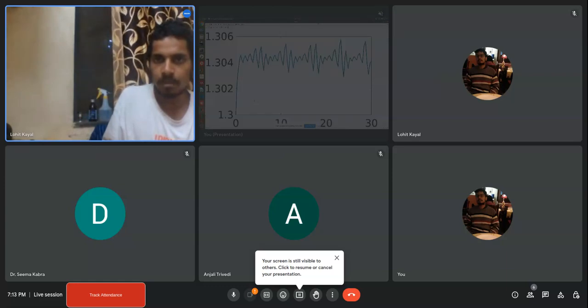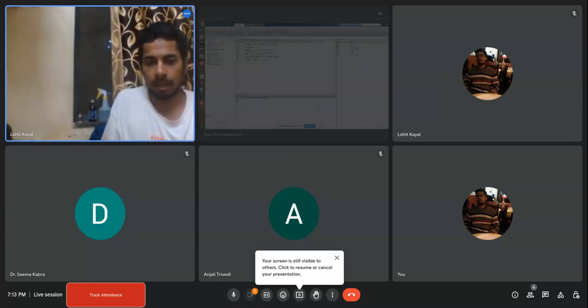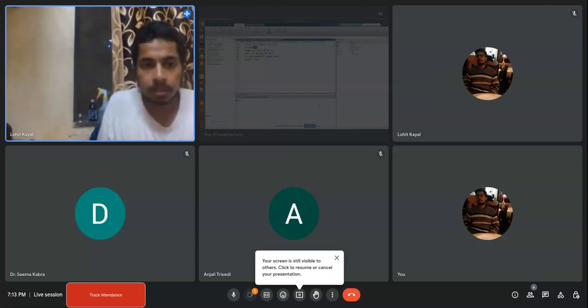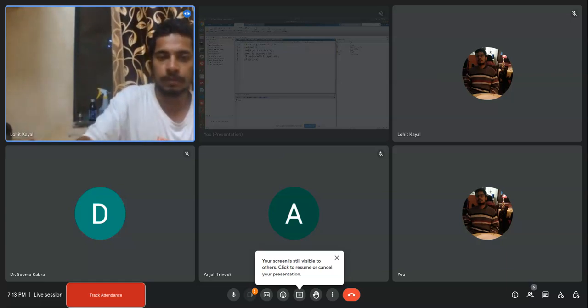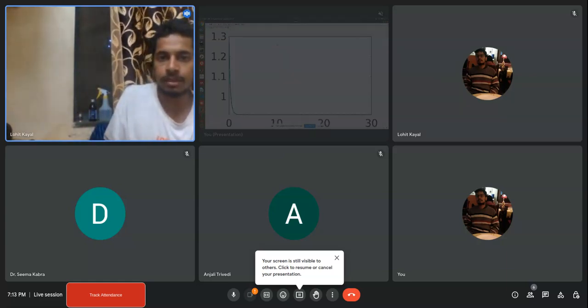Okay. Now suppose I change the parameter value a or b, maybe to 3.3. So you can see that it decays sharply.